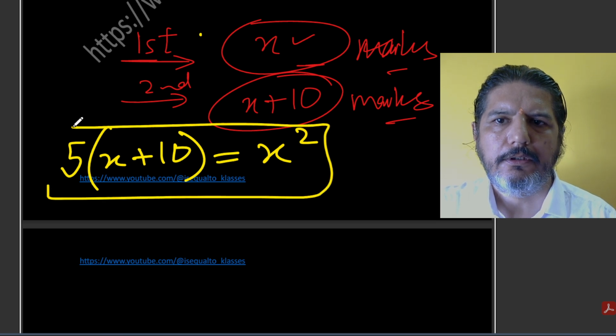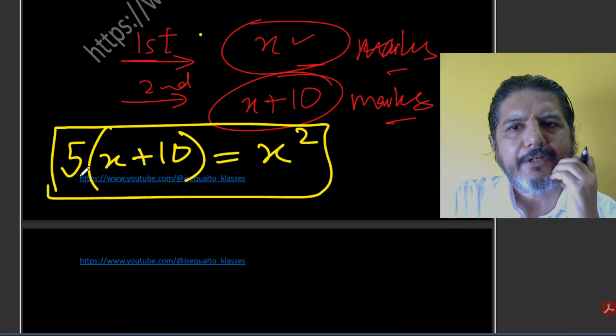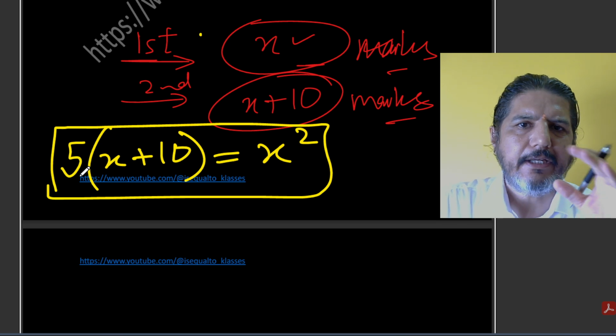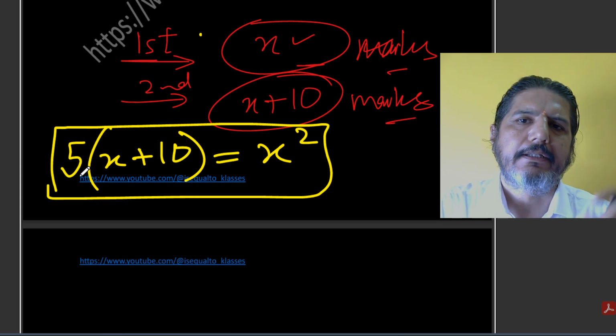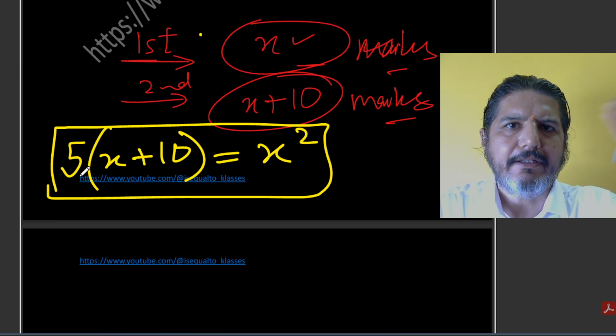I hope this is clear. So in the second line, what we understand is that if we take 5 times the score in the second test, that will be equal to the square of the score in the first test.